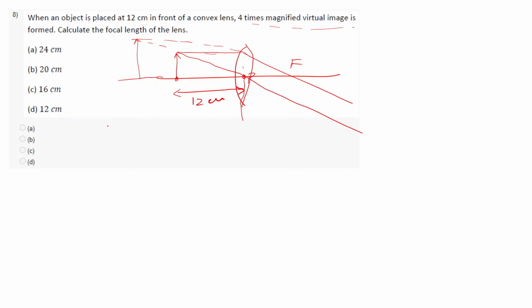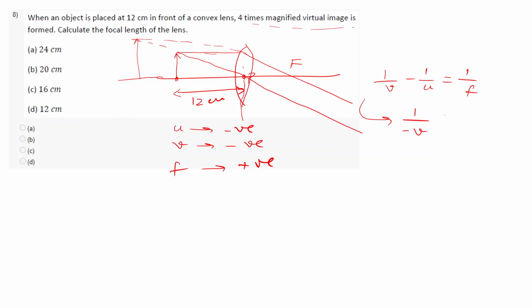So now for this situation, u will be negative and image is also forming this side, so v will be also negative, and focal length, which is here, will be positive. So lens maker formula, which is actually this, after considering sign convention, it will become 1 over minus v plus 1 over u is equal to 1 over f.